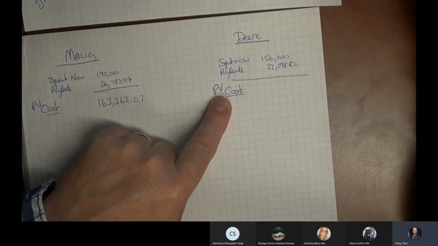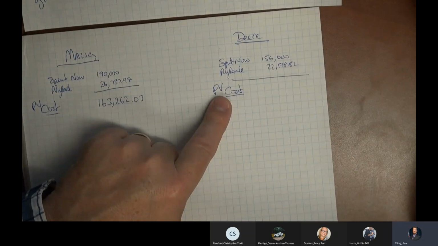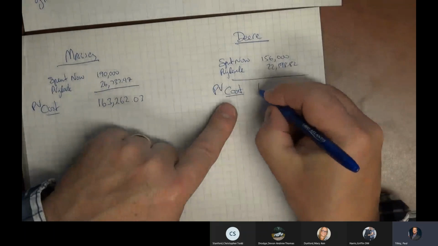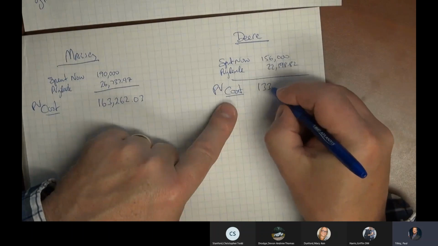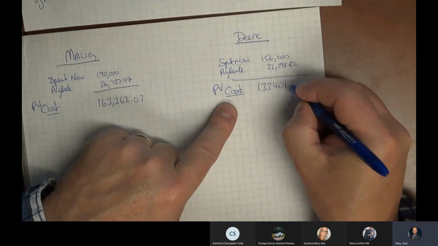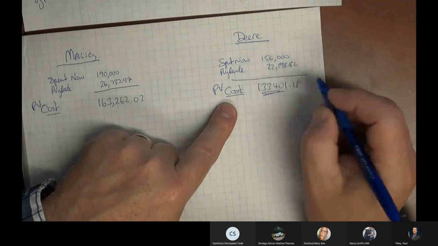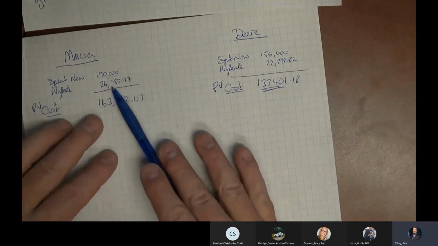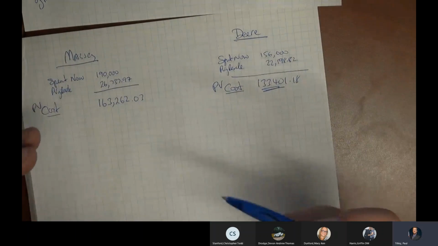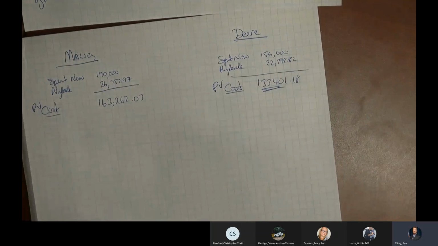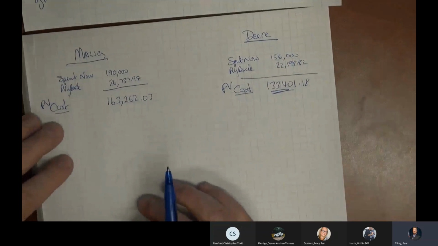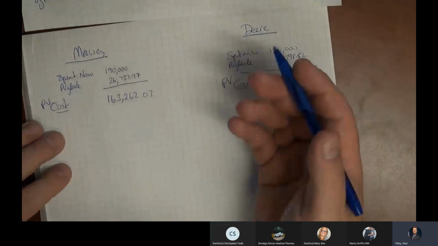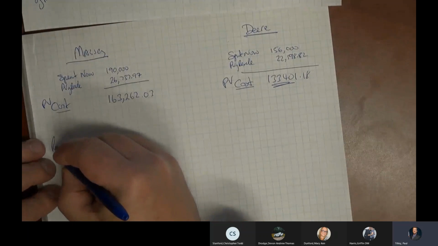It was 156,000 minus the 22,598.82, and the actual cost in terms of present value is 133,401.18. So if we factor in resale, the Massey is still more expensive. So now we've got to consider how much money comes in in order to get this net present value. We also have to consider the revenue. These are the expense side, but the revenue, well, let's take a look at revenue.